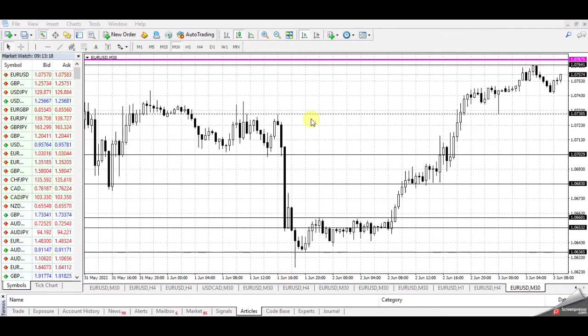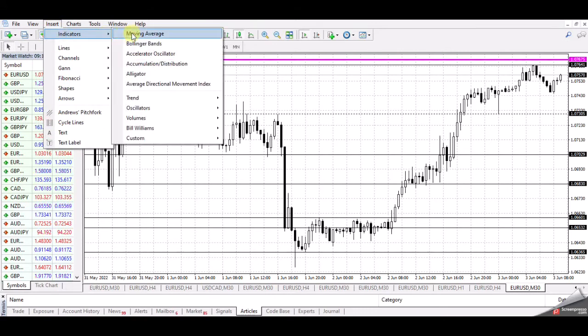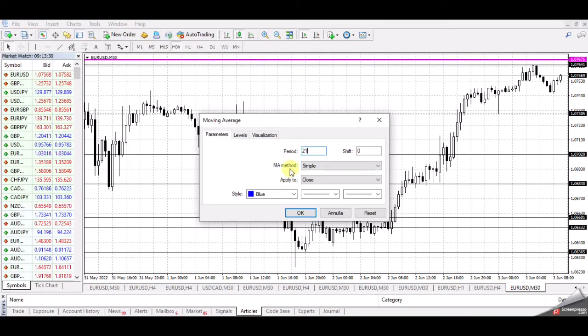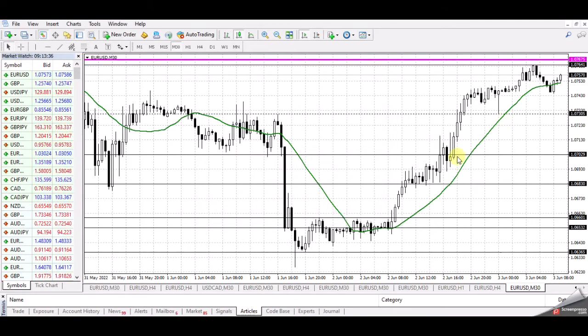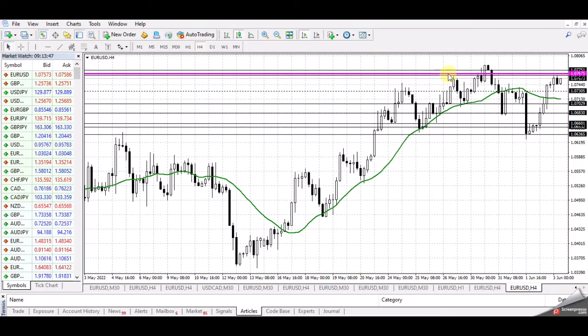In the end, let's check where the 21 period moving average is this morning. Okay, the price is above this 21 period moving average on M30 chart time frame, and also in the H4 chart time frame, the price is above the 21 period moving average.